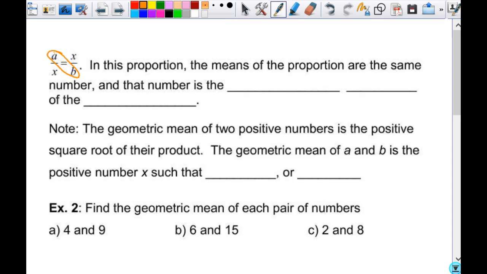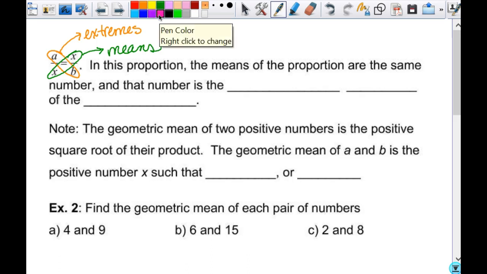So these two here that are diagonal from each other, these are called the extremes. Okay? And then these two here are called the means. So you have means and extremes in a proportion.